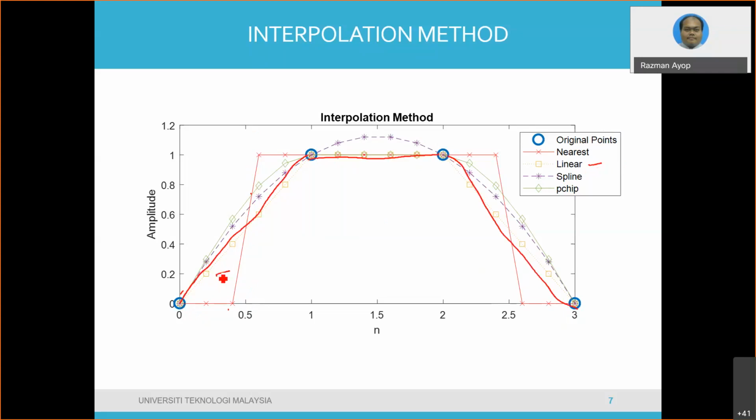This one is the interpolated data, this one, this one, and so on. So a straight line is quite popular and quite useful if you want the data to be linear, that is, linear interpolation. Let me clear that.